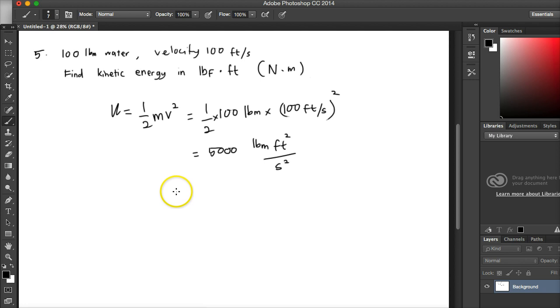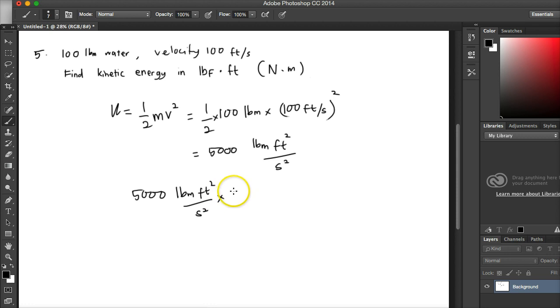And then we have to convert it to pound force, so we convert 5,000 lbm foot square over second square.